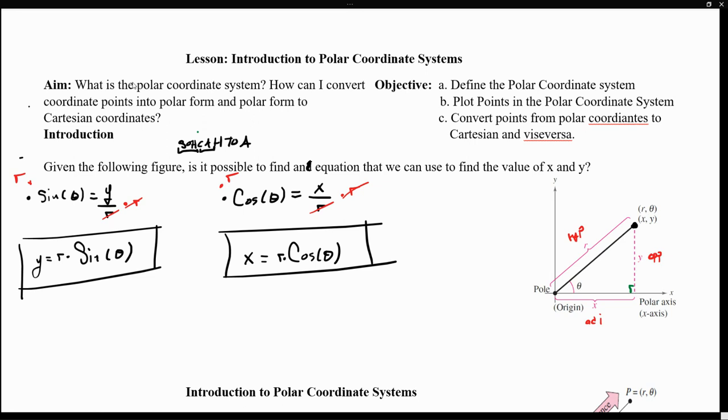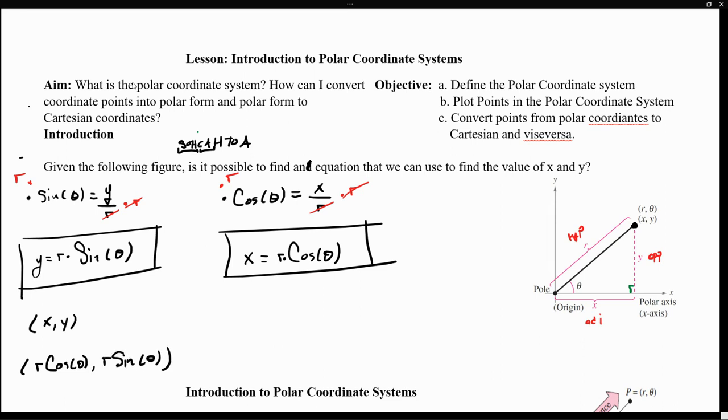So here we have two simple equations which we can use to properly define a coordinate point in any coordinate plane. In this case, any coordinate point given as x comma y, we could also find that same value by doing r times the cosine of theta and r times the sine of theta.